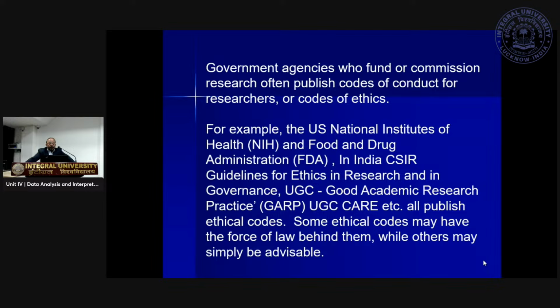In India, CSIR guidelines for ethics in research and governance, UGC good academic research practice, GARP, UGC CARE, which is now no more, all publish ethical codes. Some ethical codes may have the force of law behind them, while others may simply be advisable. But when you start writing your paper, you should avoid all these issues.